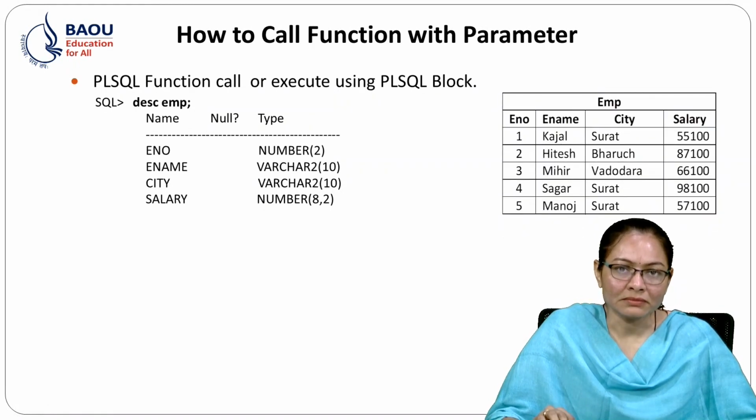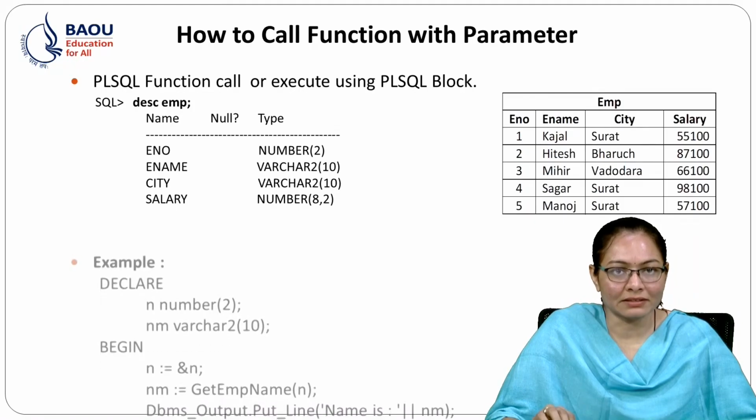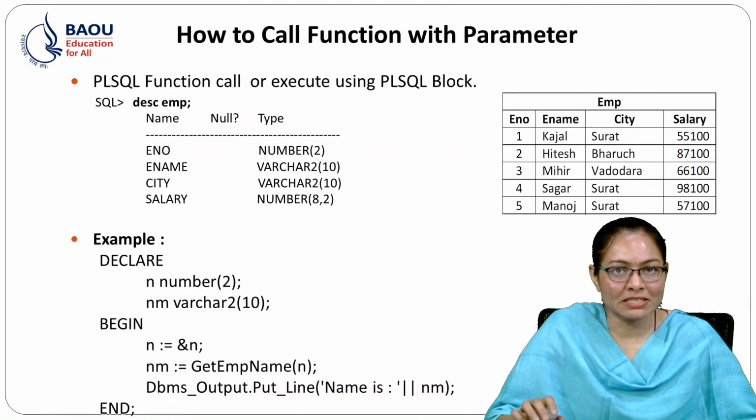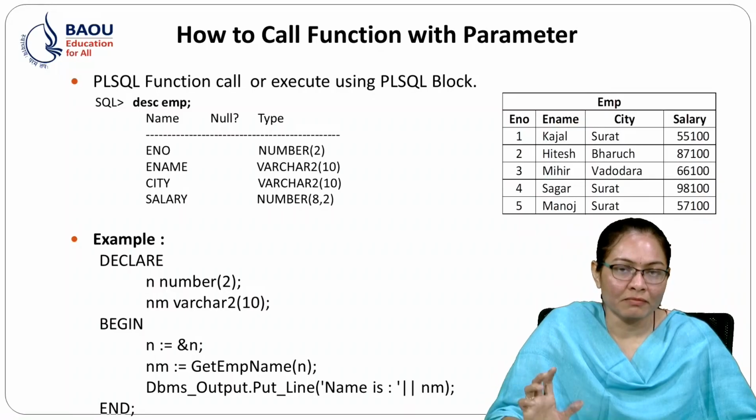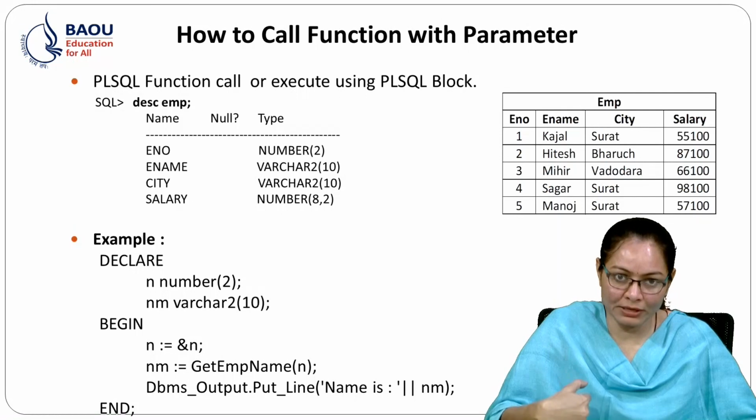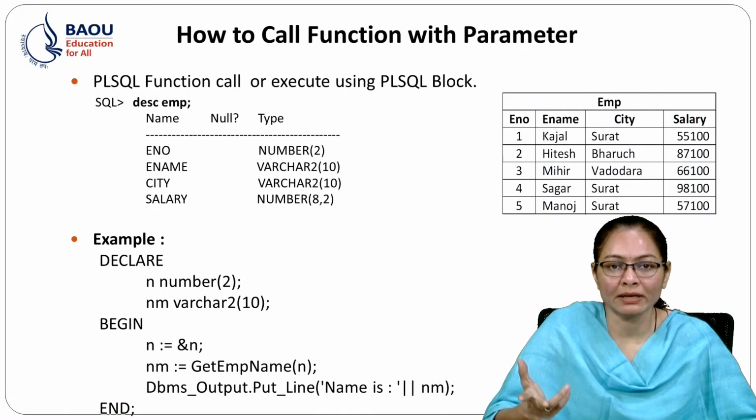Here the user enters the employee number, which is passed to the get employee name function, because our function accepts the employee number and returns the employee name.